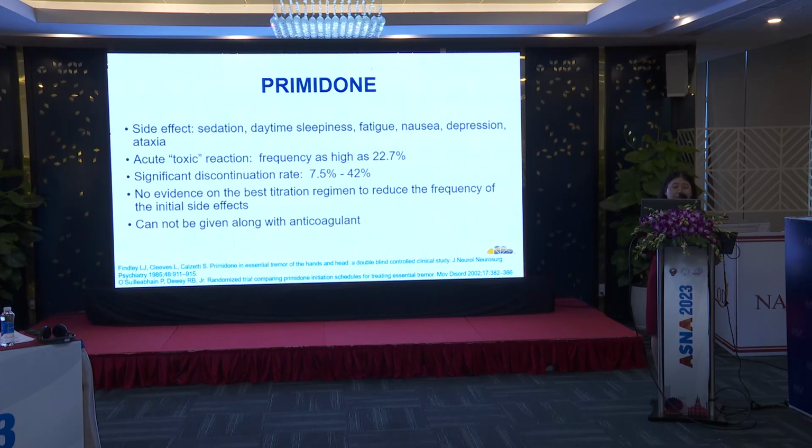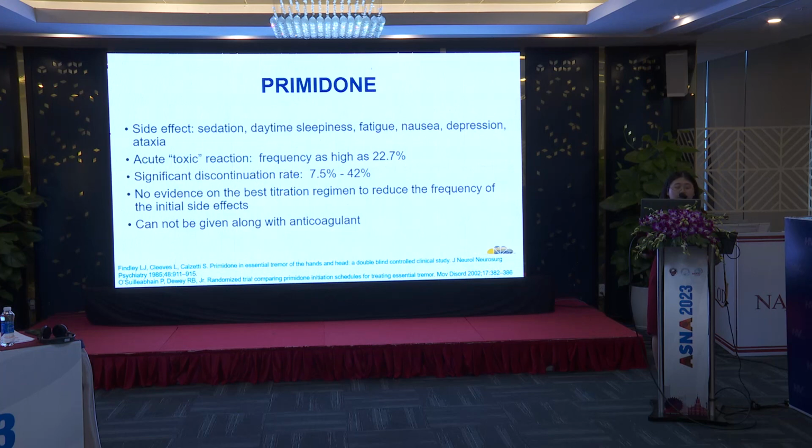Side effects of primidone are usually more severe at treatment initiation and may include sedation, daytime sleepiness, fatigue, nausea, depression, and ataxia. Acute toxic reactions occur at a frequency as high as 22.7%, and the discontinuation rate ranges from 7.5 to 42%.